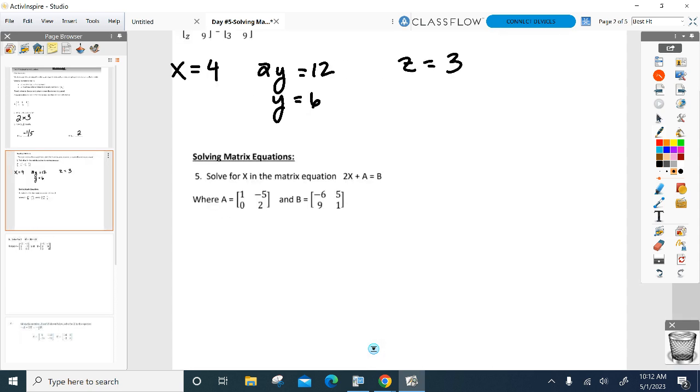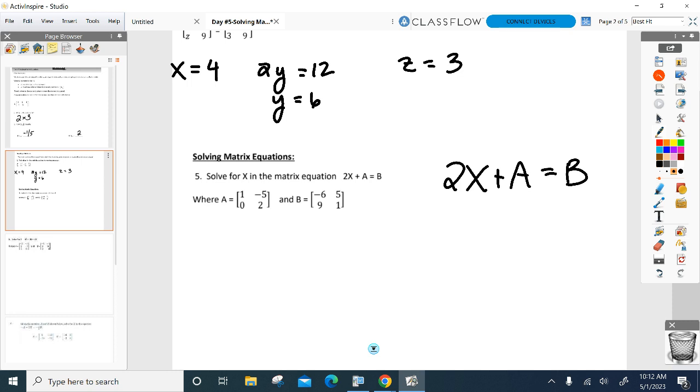All right, here's what I want to do with you today. We're going to solve some equations now with matrices. Before I show you the process, I want to show you exactly what I'm asking for. I'm looking for a matrix called X. I need a matrix that I'm going to call X. Here's what happens to this matrix that you make up.